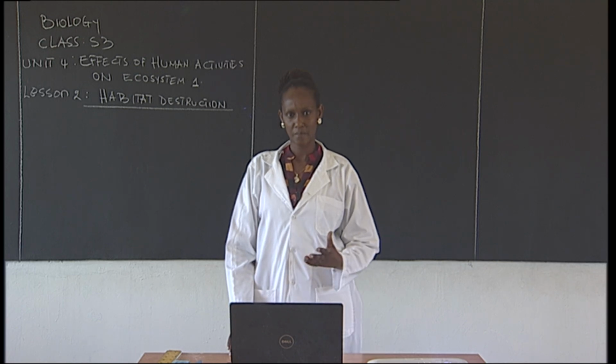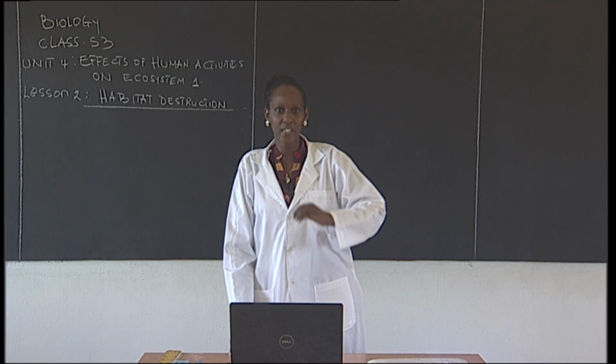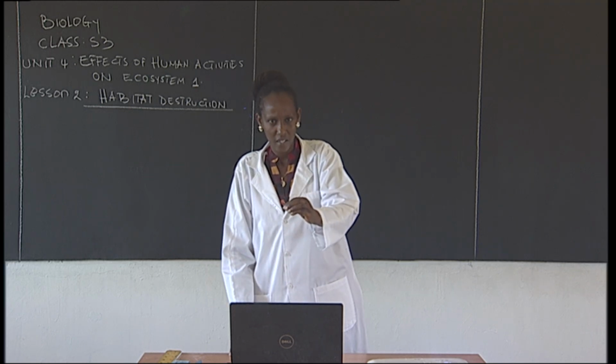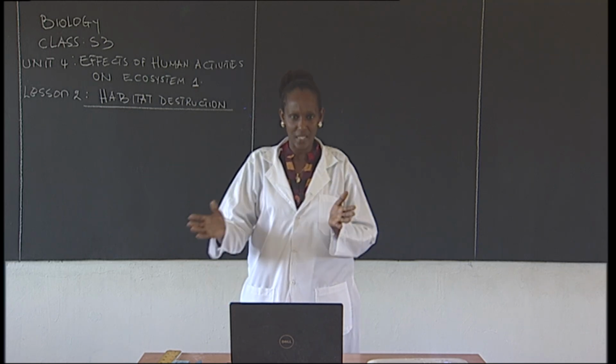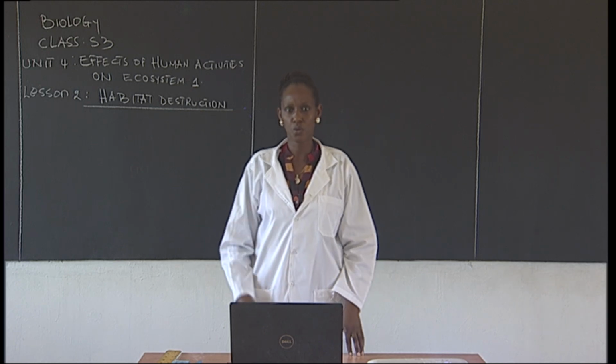You get the point? So you find when one organism is affected in a food chain, those that feed on it will also be affected in one way or the other.